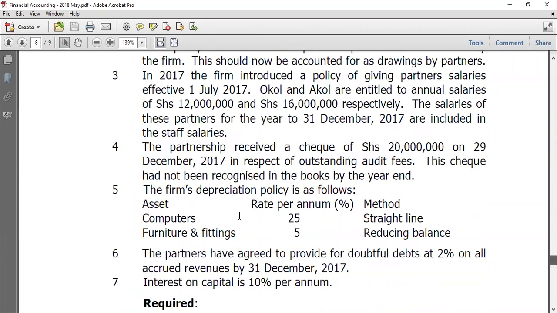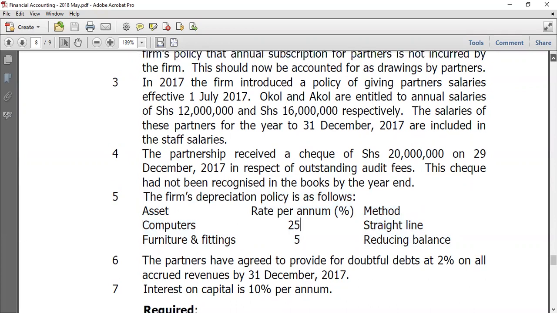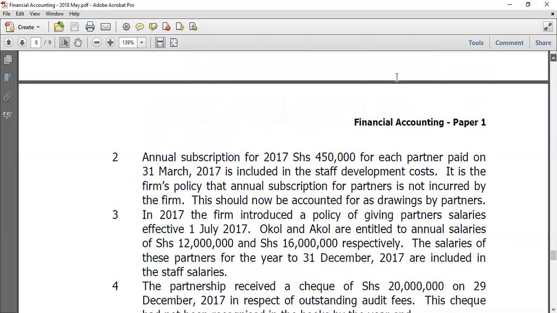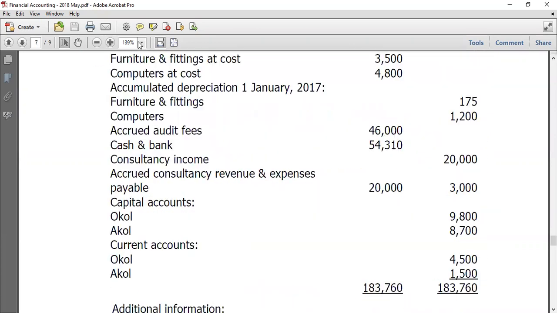You get it? Now, if I want to calculate the depreciation for computers, which they are telling me is straight line, which means that the depreciation is the same throughout, I'll just get the 25%, which is my depreciation rate, and apply it to the cost of computers, which is 4.8.